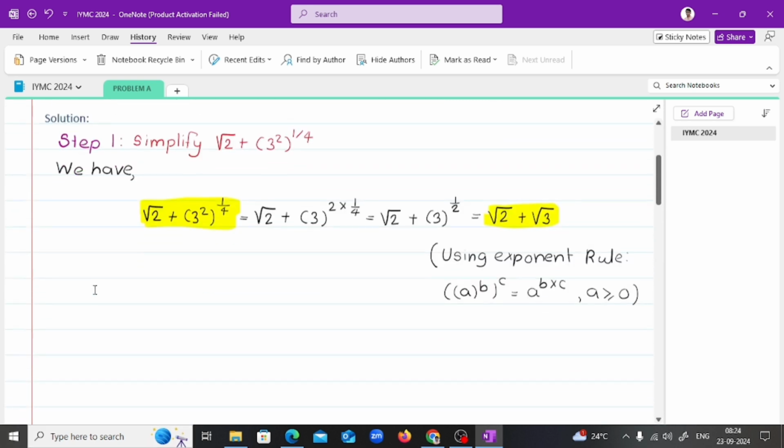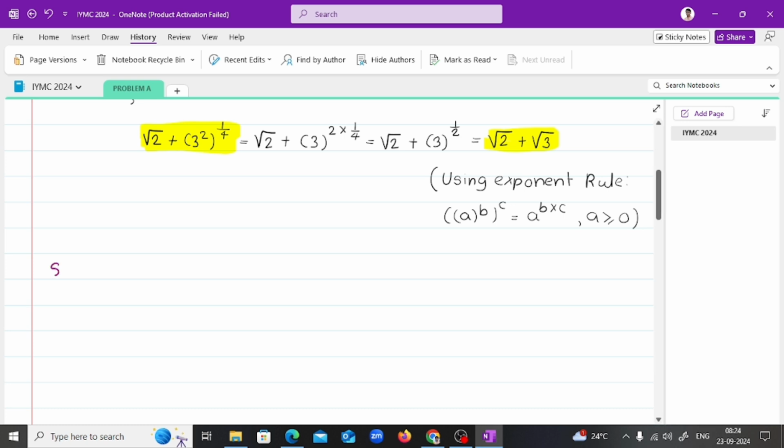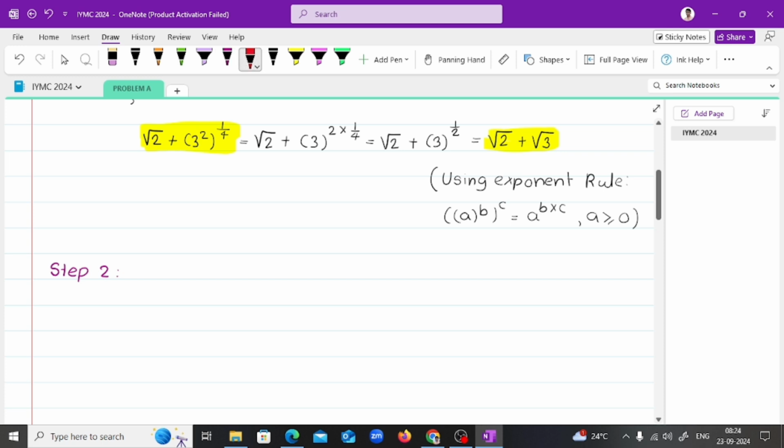Okay, so step 2, simplify the summation. First I will write the summation here.